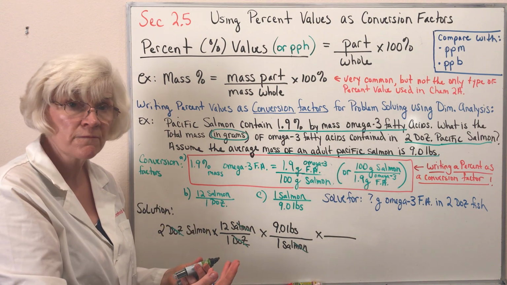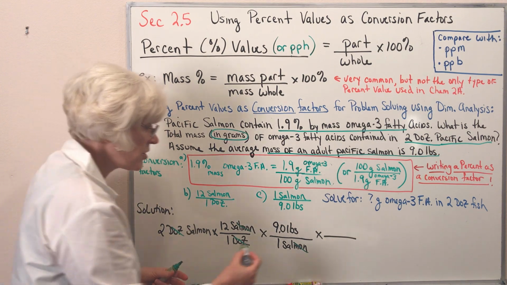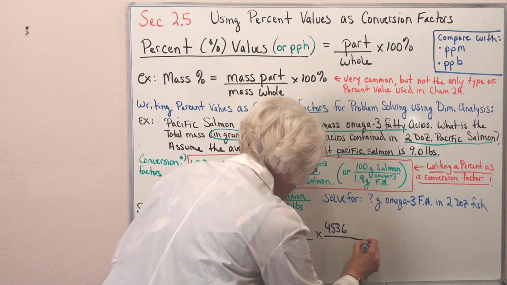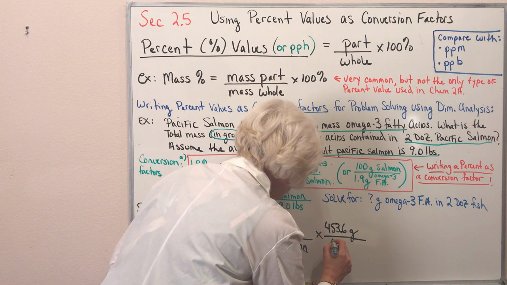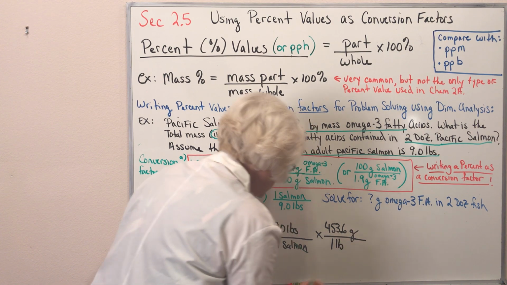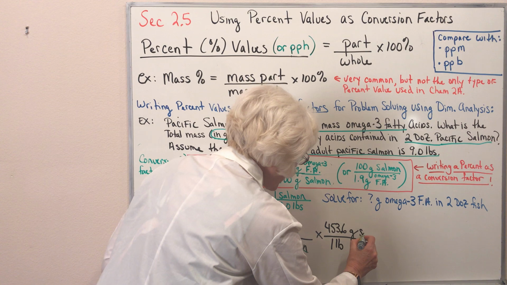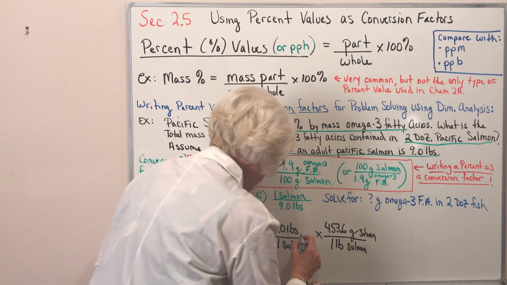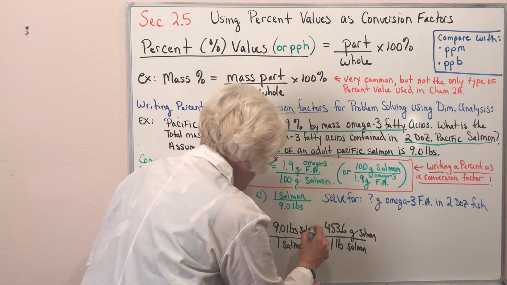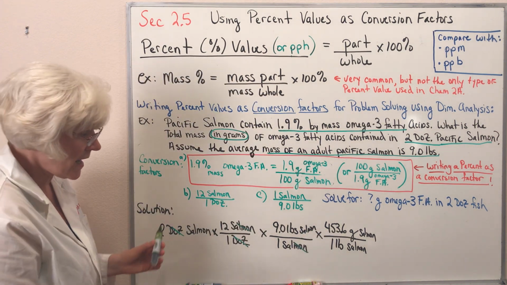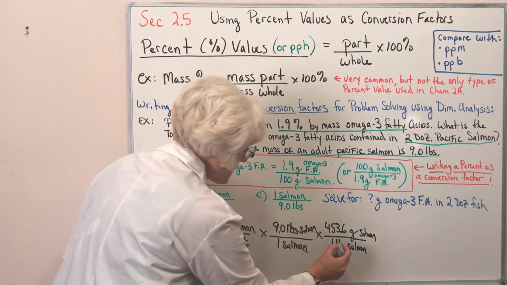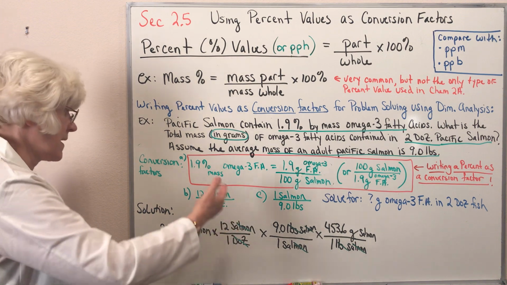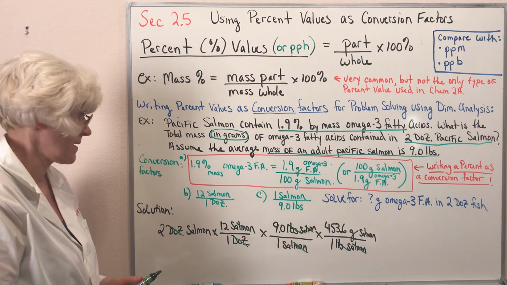You need to bring that information that you memorized to this setup. 453.6 grams to 1 pound. And of course, we're talking here grams of salmon. So I can just throw that in here, grams of salmon. If I stop my calculation at this point, I have found the total mass in grams of 2 dozen salmon.